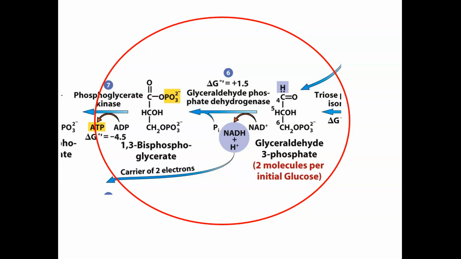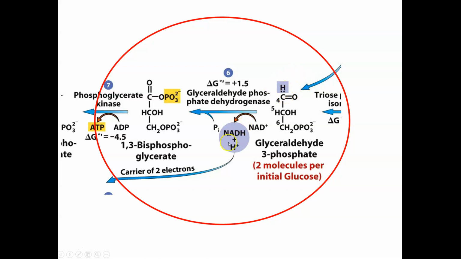It's literally carrying electrons, and not just any electrons, high energy electrons that are going to be able to do work for us later on. So even though we've broken down this part of what originally was our glucose molecule, and it's slowly getting oxidized, again, oxidation is losing electrons. Where did it lose that electron? It lost it here off of the glyceraldehyde 3-phosphate.